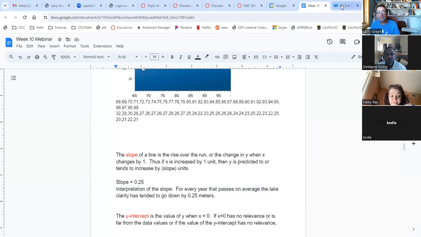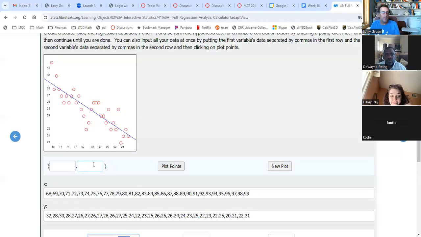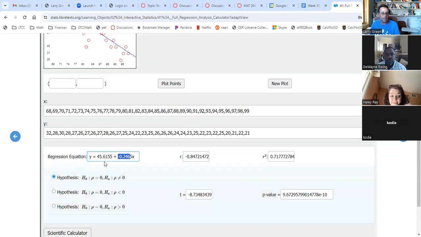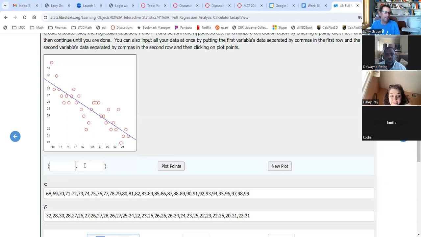Okay, the y-intercept. The y-intercept means what is the value of the output when x is 0? And what we found is that's about 45.6. But here's an issue. If you look at the data, the lowest data point was 68 for the x value. Nowhere near 0. There's no data points anywhere close to zero whatsoever.